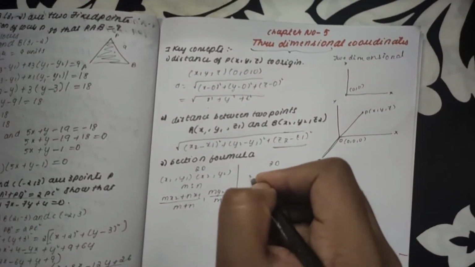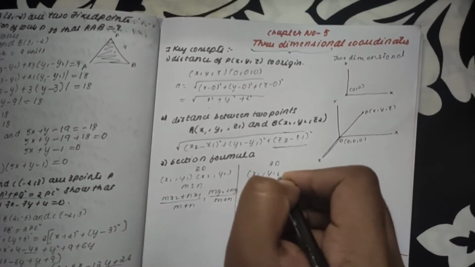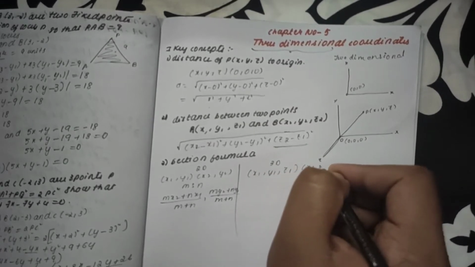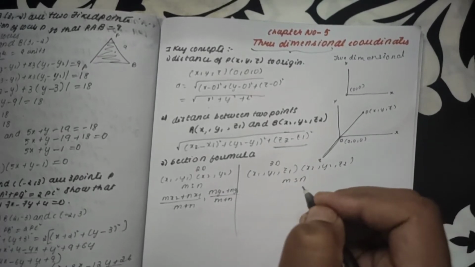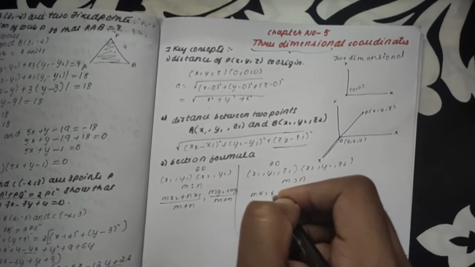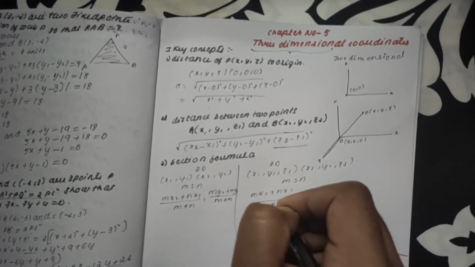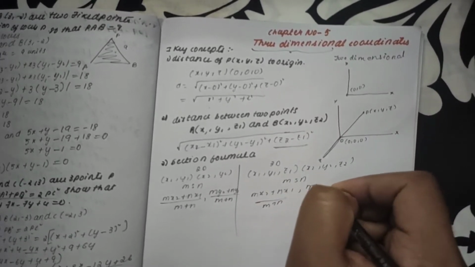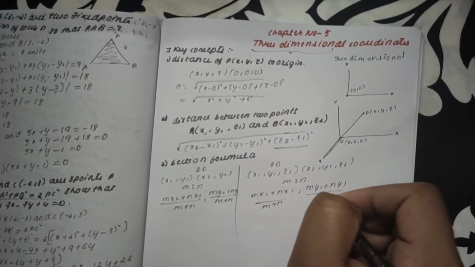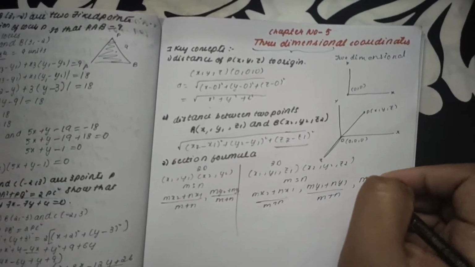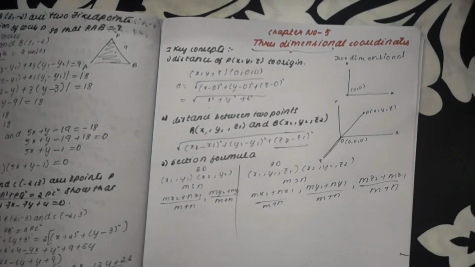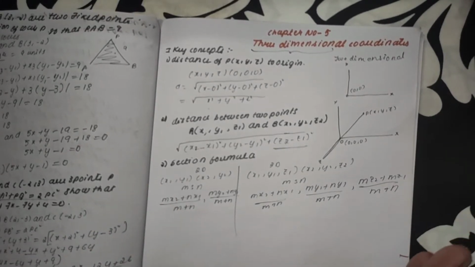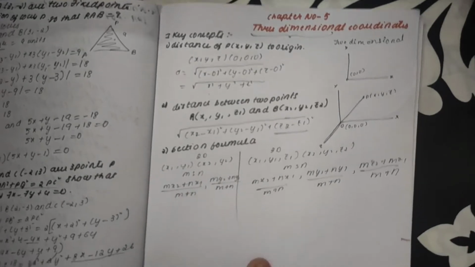Similarly, here you will get 3 points, that is x1, y1, z1 and x2, y2, z2, in the ratio m is to n. So this is mx2 plus nx1 by m plus n, comma my2 plus ny1 by m plus n, comma mz2 plus nz1 by m plus n. So the z terms are the only difference between two-dimensional and three-dimensional. Rest all the steps carry on as it is.